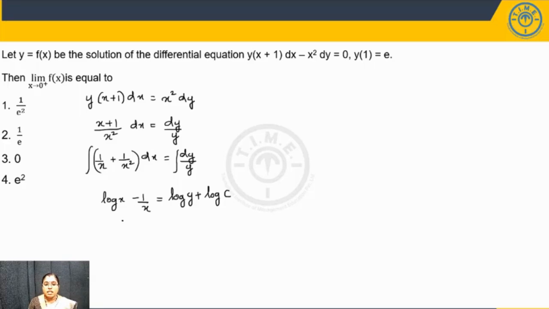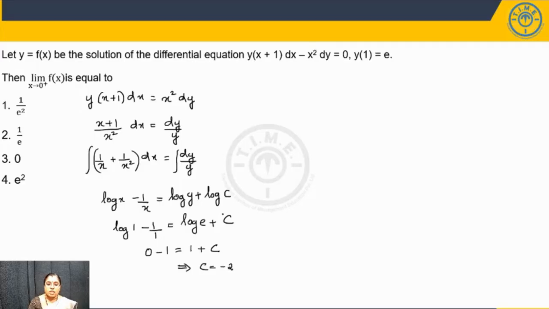So let's put x equal to 1. Log 1 minus 1 by 1 equal to log e plus c. Now what is log 1? 0. Minus 1 equal to log e, again 1, plus c. So from this we can say c is equal to minus 2.